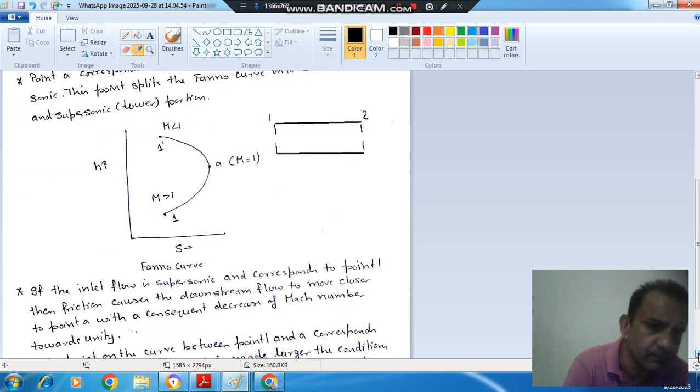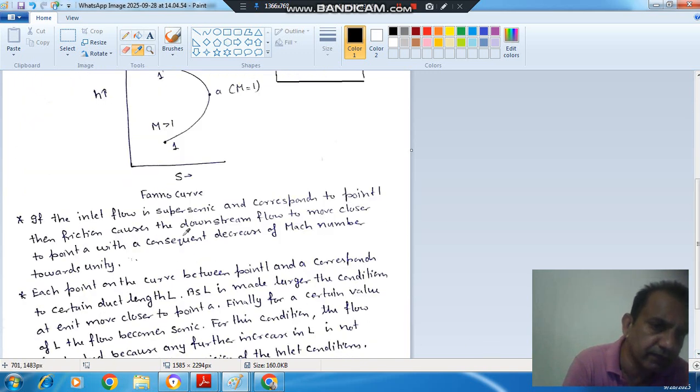Next point is if the inlet flow is supersonic and corresponds to point 1, then friction causes downstream flow to move closer to point A, with a consequent decrease of Mach number towards unity.